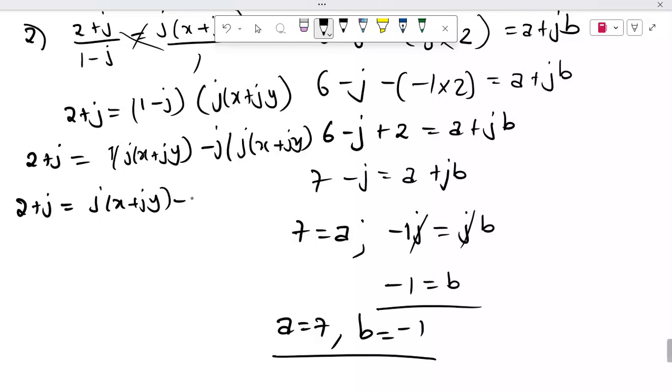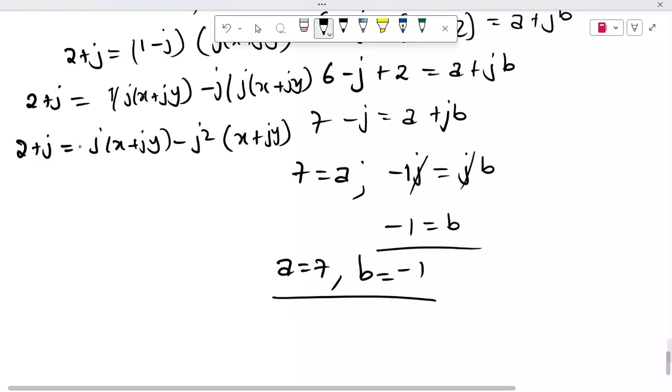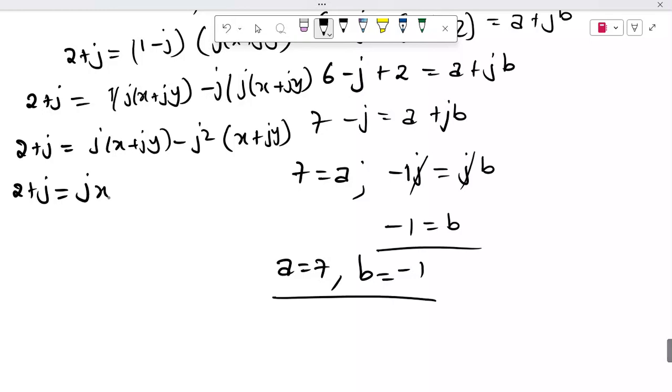Here we have a negative j multiplied by j to be j squared, times x plus jy. So we continue multiplying further: 2 plus j equals jx plus j multiplied by j to be j squared y, minus j squared, x plus jy.